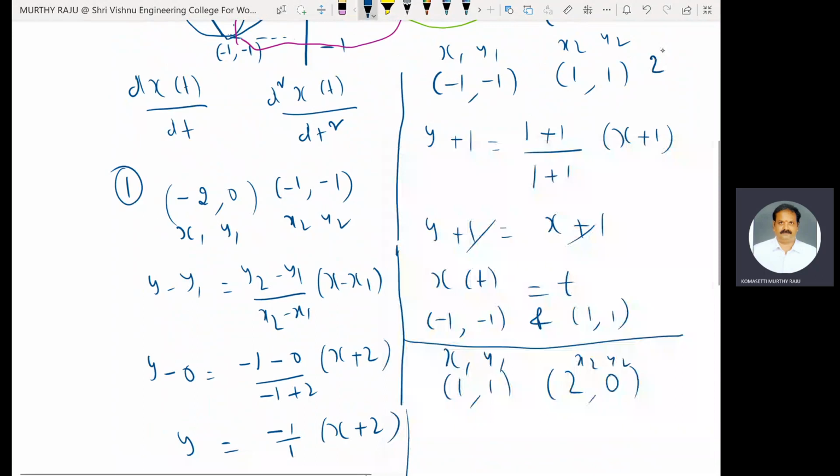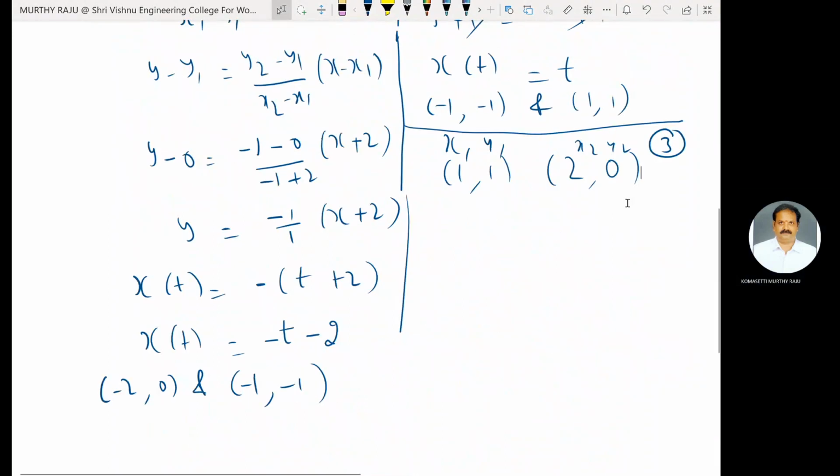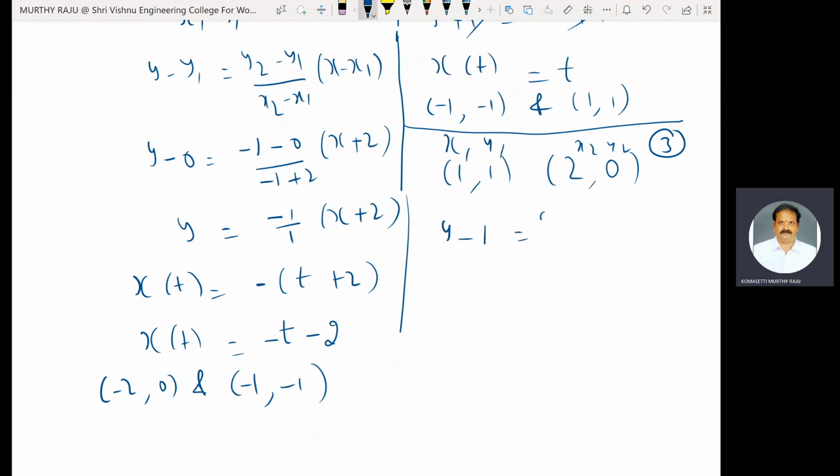Divide the entire function into 3 portions. This is the third one. Again, y minus y1 is 1, y2 minus y1 is 0 minus 1, x2 minus x1 is 2 minus 1, x minus x1 is 1. y minus 1 is equal to minus 1 by 1 times x minus 1, so y minus 1 is minus x plus 1.